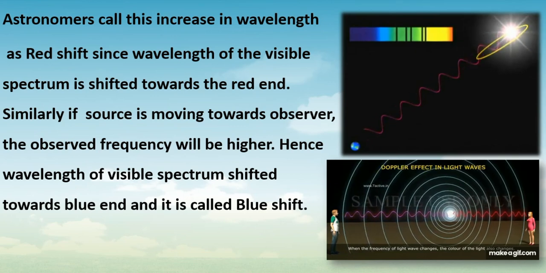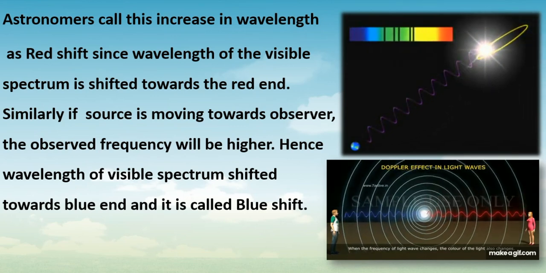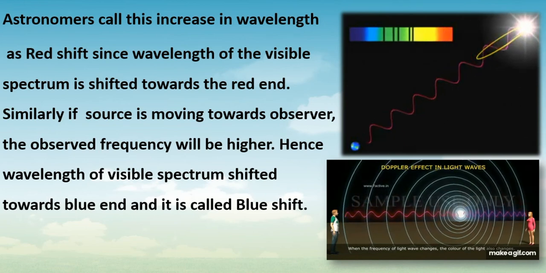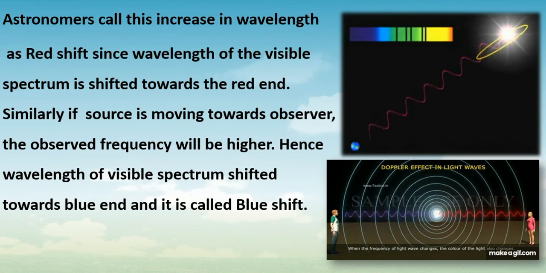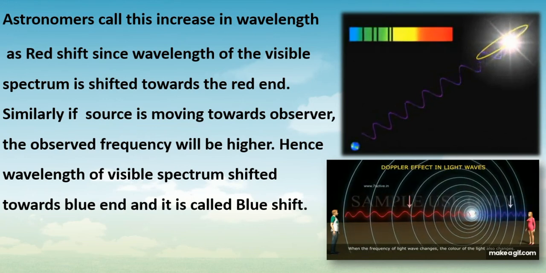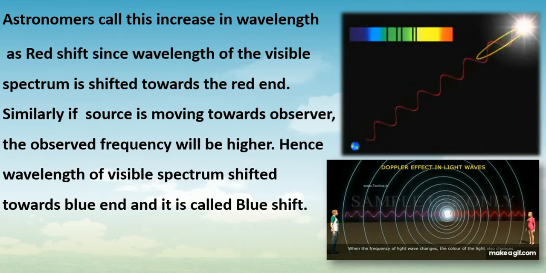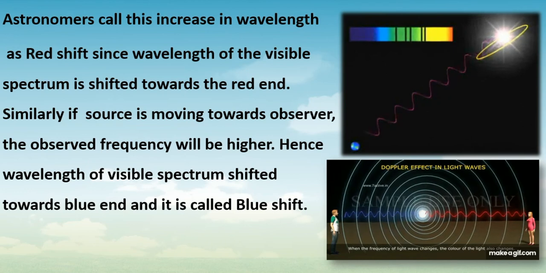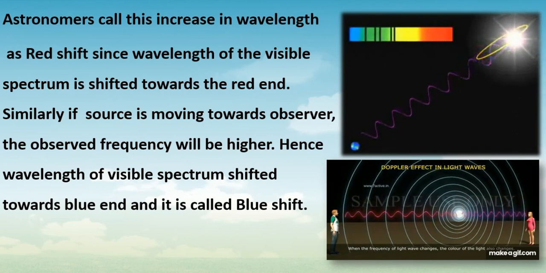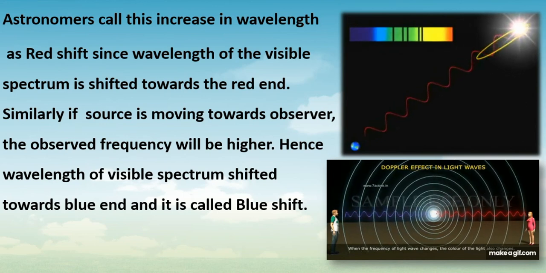That means if any galaxy is moving towards us, then we can observe a blueshift, so the frequency will be very high. If that galaxy is moving away from us, then we can observe a redshift, which means the frequency will be very low.